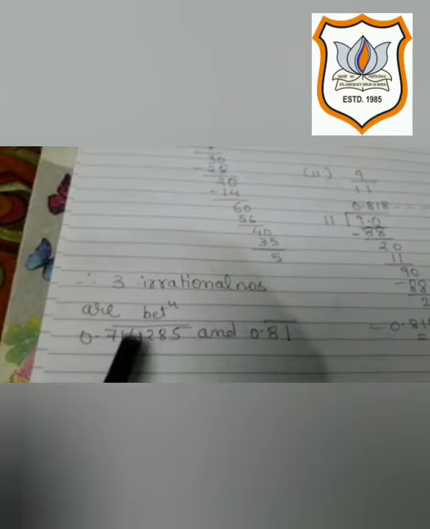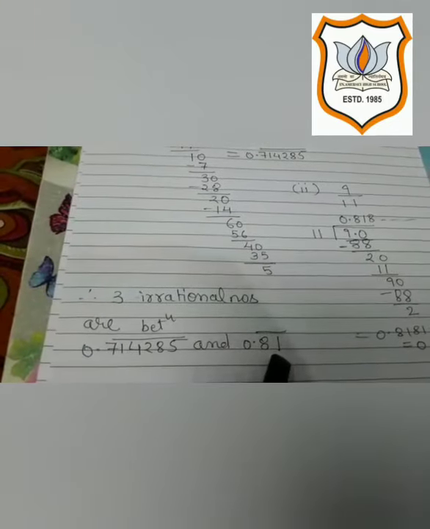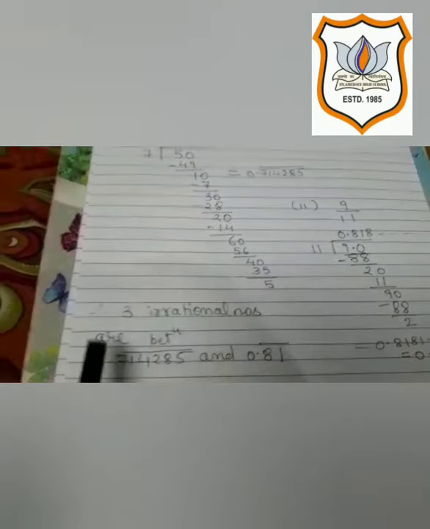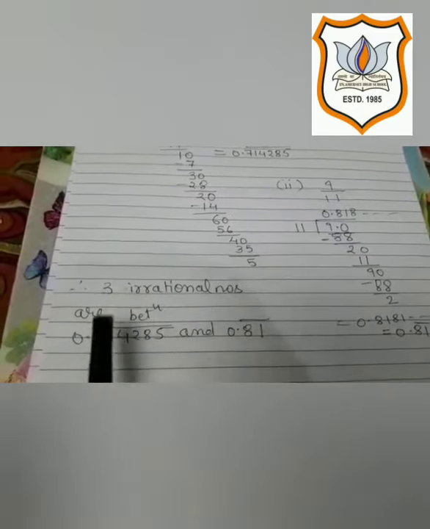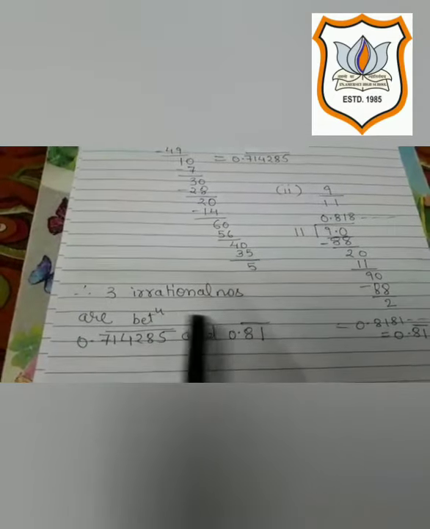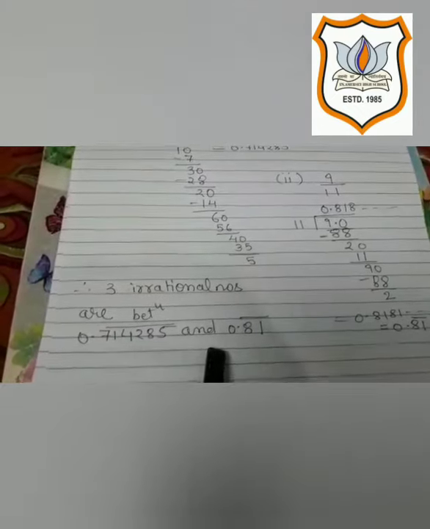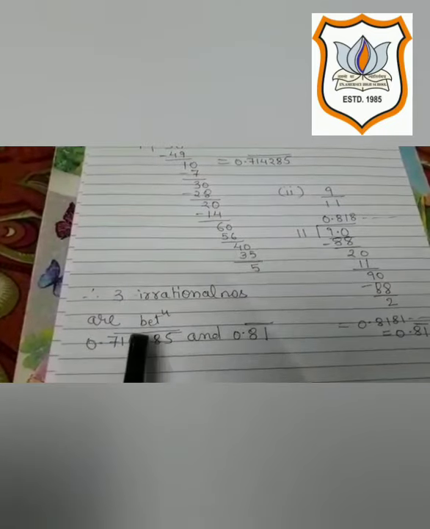So we have 2 different numbers, that is 0.714285 bar and 0.81 bar. And we have to find 3 irrational numbers between these 2 numbers. We know that between these 2 numbers there are infinitely many rational and irrational numbers, and you can choose any of them.